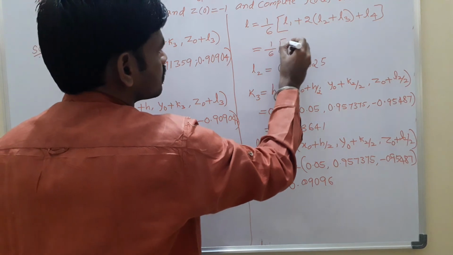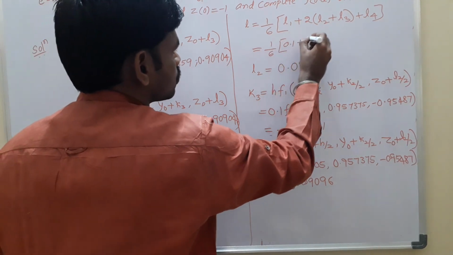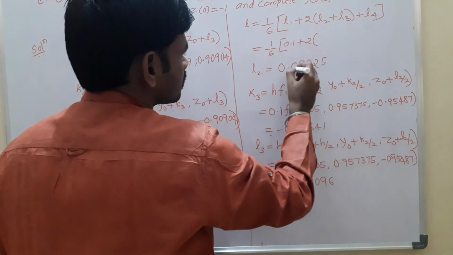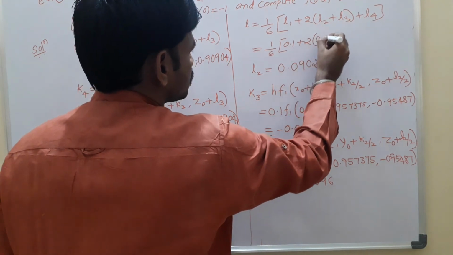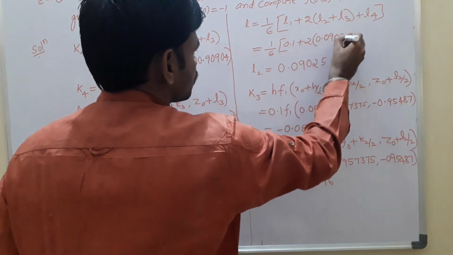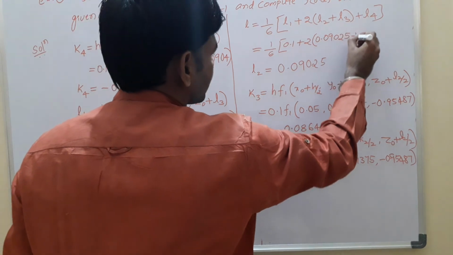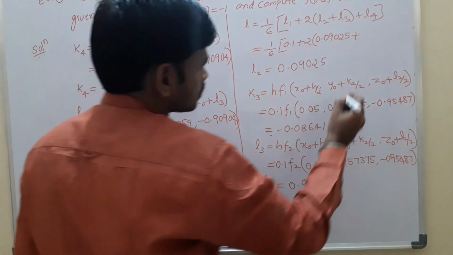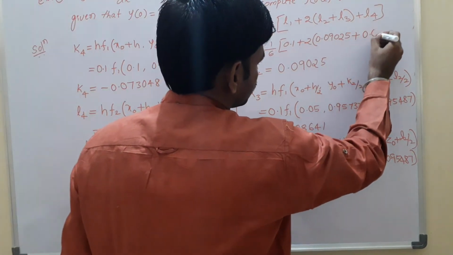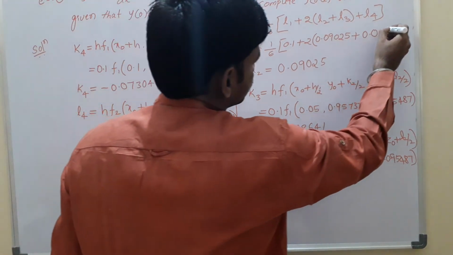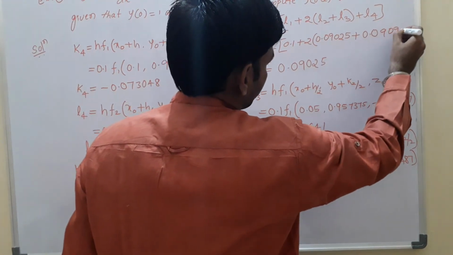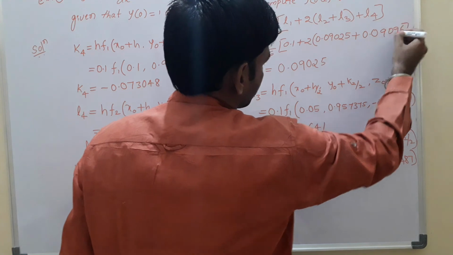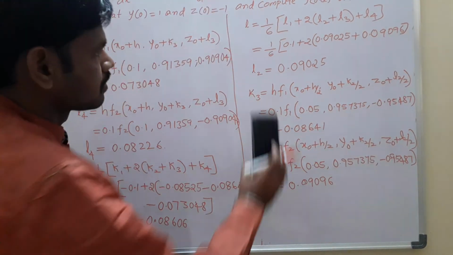So L1 is 0.1 plus 2 into L2 is 0.09025 plus L3 is 0.09096 plus L4.